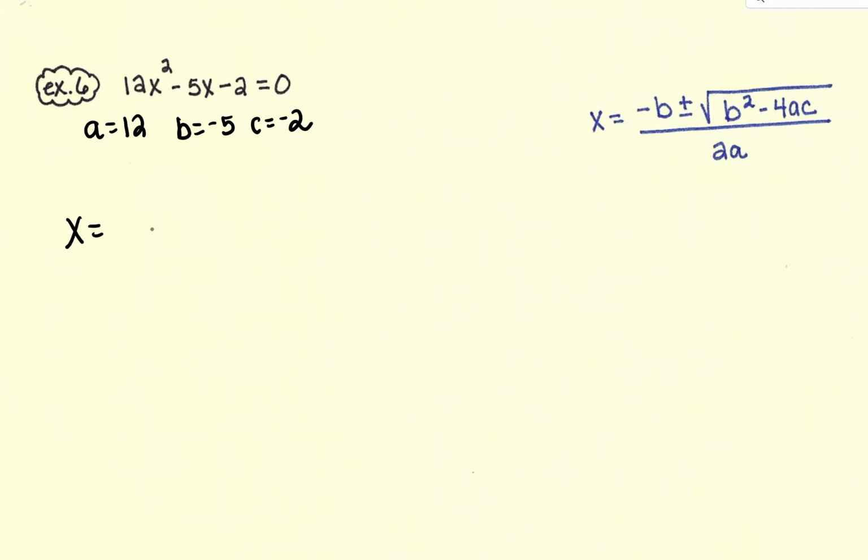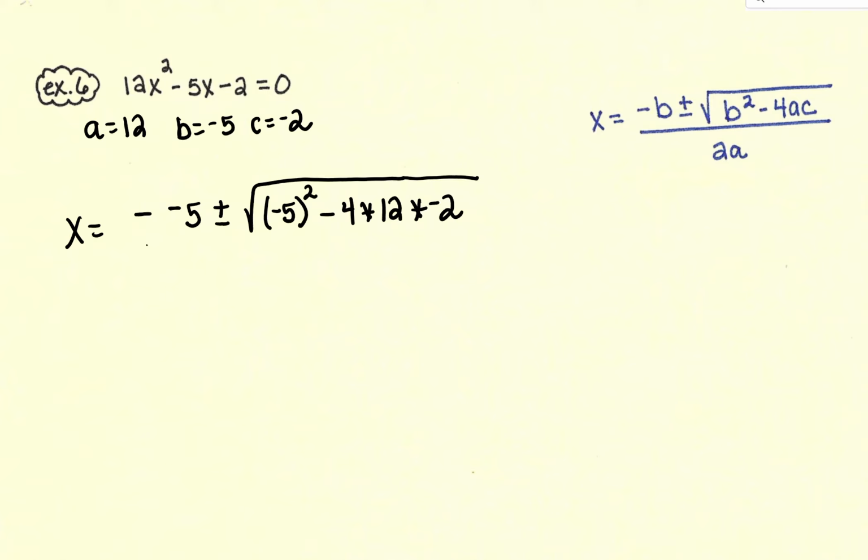So x is equal to negative b, which is -5, plus or minus the square root of b, which is -5 squared, minus 4 times 12 times -2. That's your b squared minus 4 times a times c, all over 2 times a, which is 12.